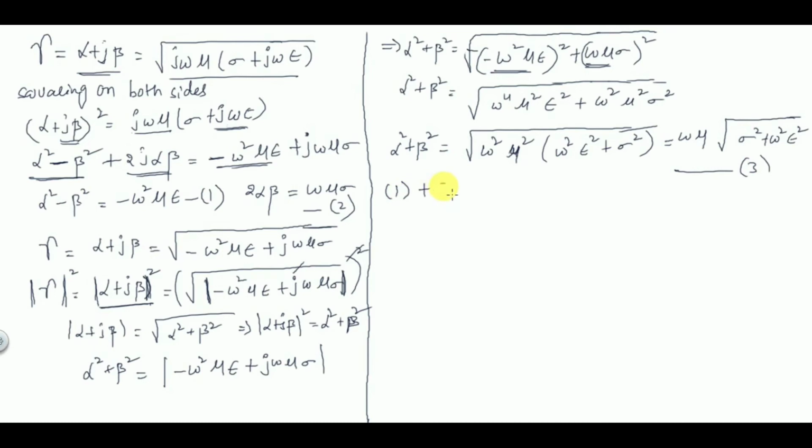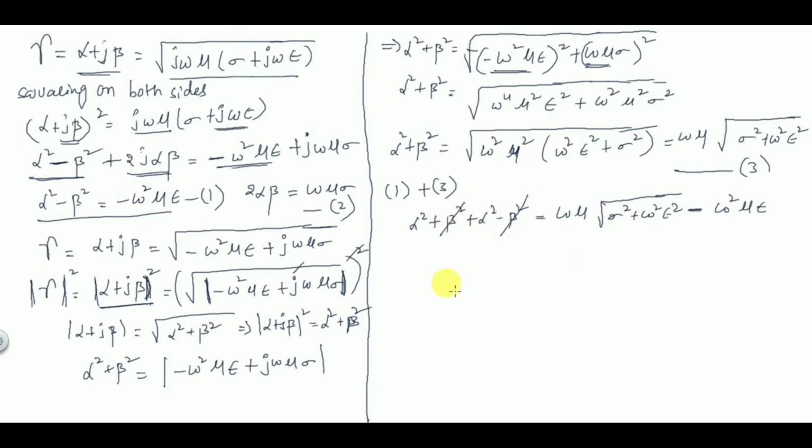Adding equation 1 and equation 3. On the left hand side, alpha square plus beta square plus alpha square minus beta square is equal to omega mu, the positive term first, the root of sigma square plus omega square epsilon square, minus omega square mu epsilon.